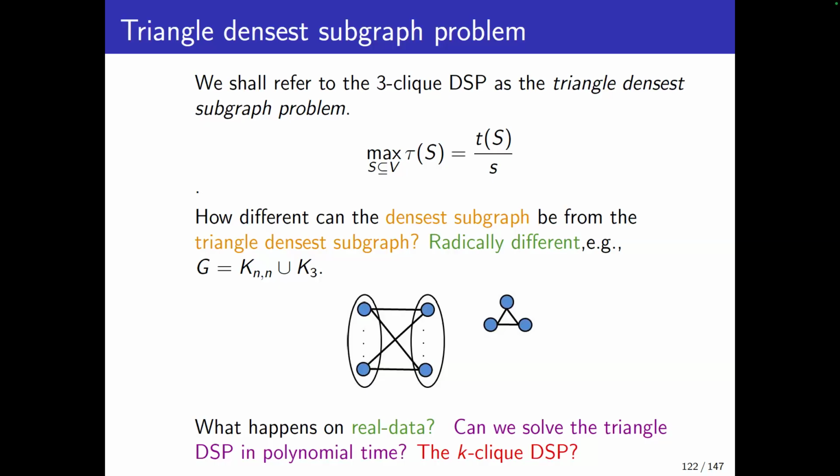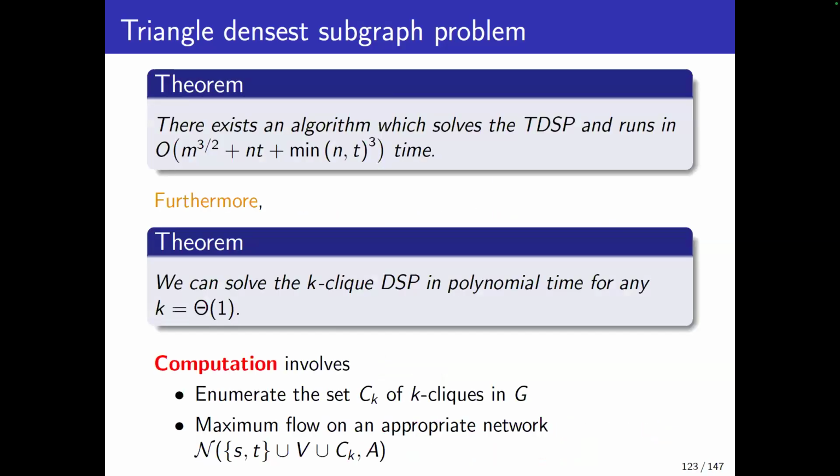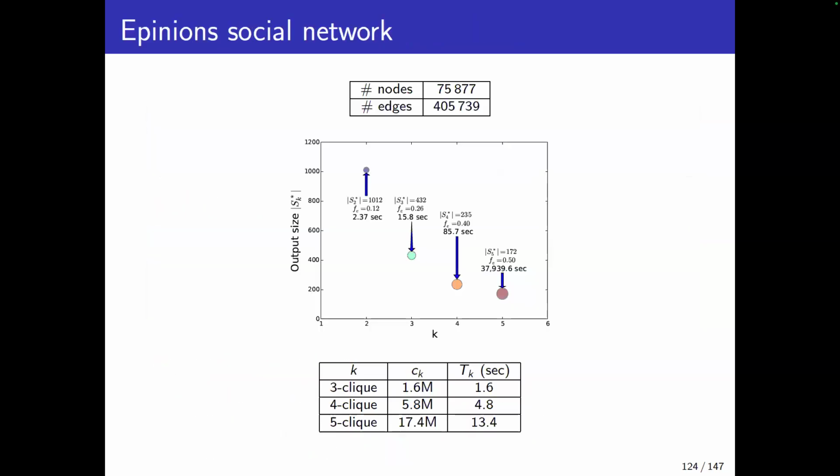The question is what happens on real data and whether we can do it efficiently. Now, without going too much into details, we can solve the k-clique DSP for any constant k in polynomial time. It relies on enumerating the set of k-cliques and then solving maximum flow. So it generalizes what I described earlier.